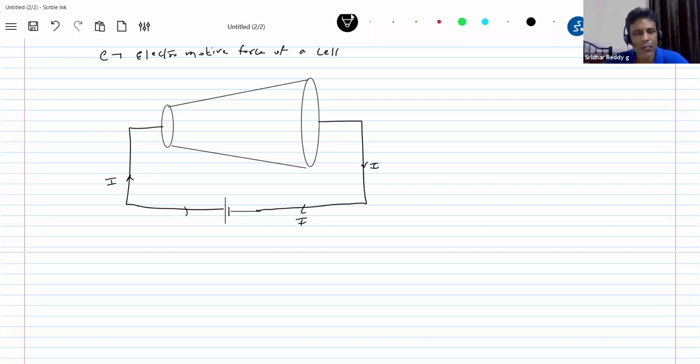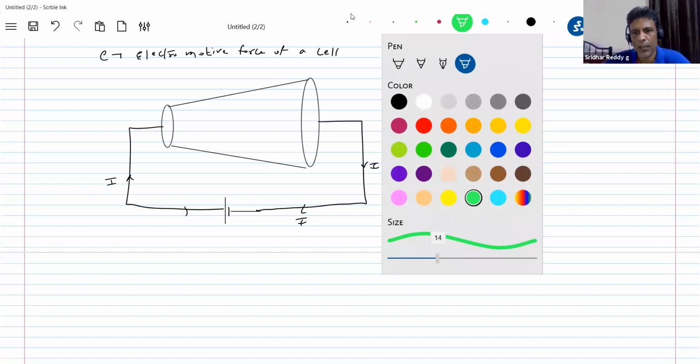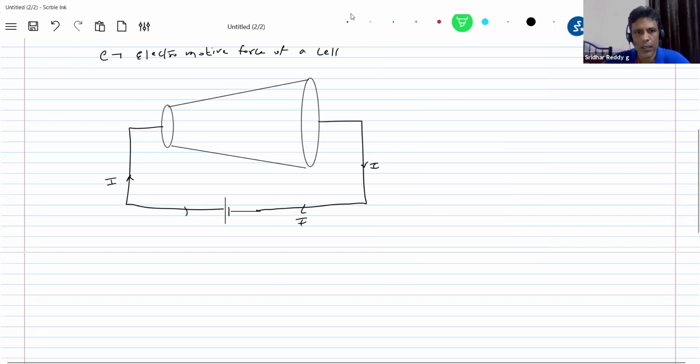Now I am interested in a few quantities, like what will be the drift speed as it moves from one end to another end. Let me take two elements. This is the one element.